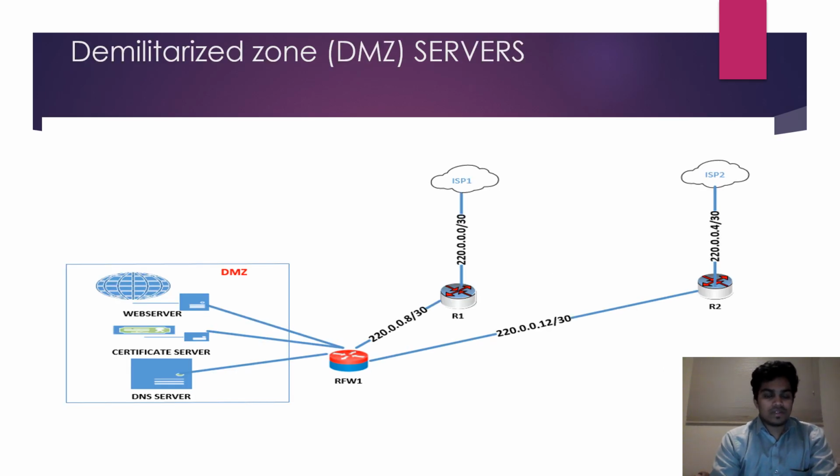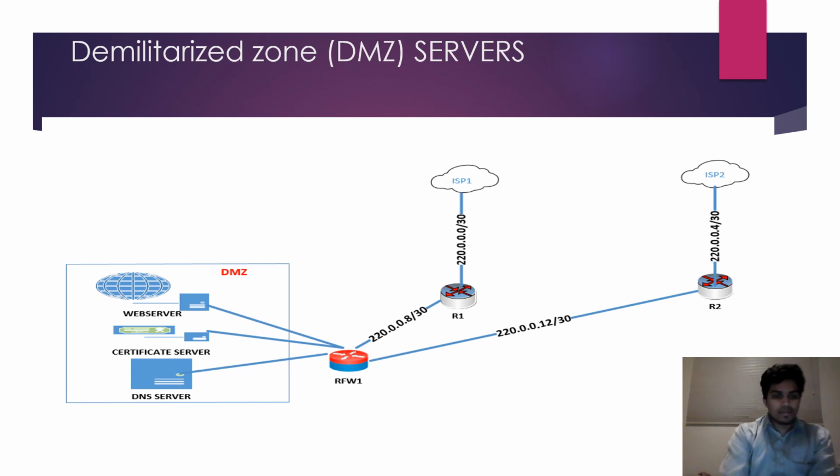The demilitarized zone, also known as DMZ, has servers which are mainly the web servers, certificate servers, and DNS server. Certificate servers automatically issue the certificates requested by the patients, and the web servers provide the web pages of the website which can be accessed publicly around the world.